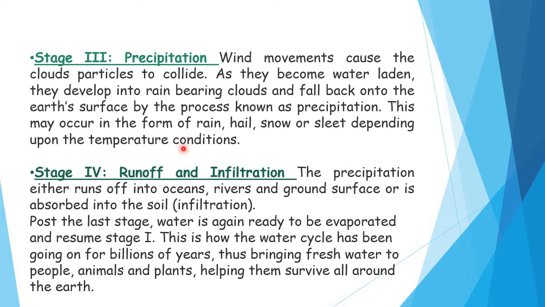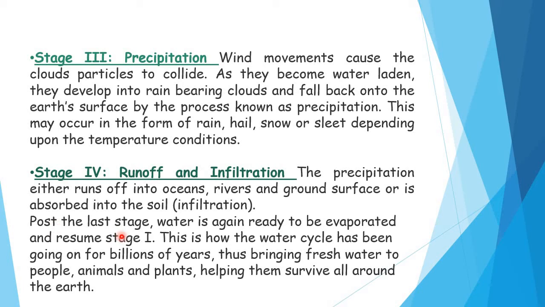Due to the wind movements, the cloud particles start to collide and the precipitation occurs in the form of rain. Stage number 4 is runoff and infiltration. The precipitation either runs off into oceans, rivers and ground surfaces or is absorbed into the soil. This absorption into the soil is said to be the infiltration process.